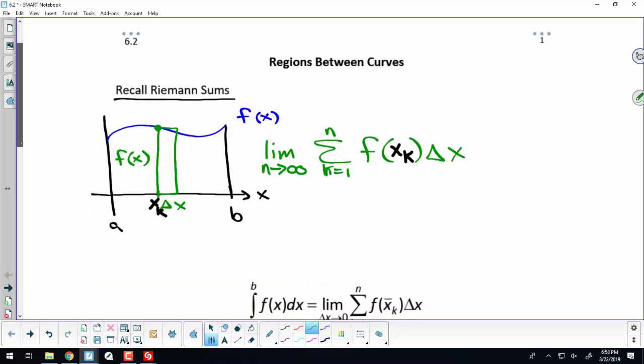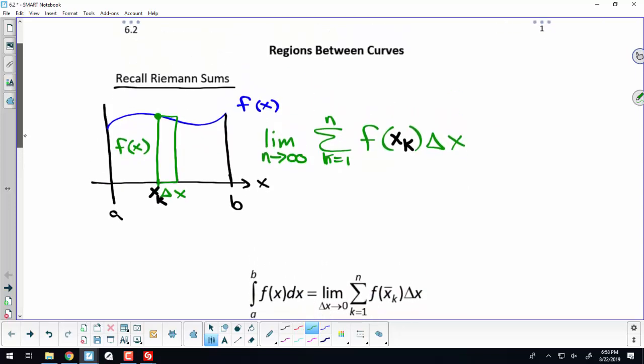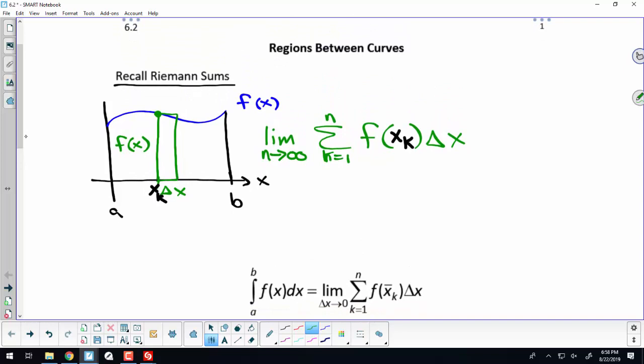Yeah, so the terminology with left, right, and midpoint Riemann sums, all that had to do with which part of each rectangle we use to evaluate the height. So if I had a rectangle here, and I said use the left Riemann sum, then for all of those rectangles, we're going to use the left endpoint for determining the height.